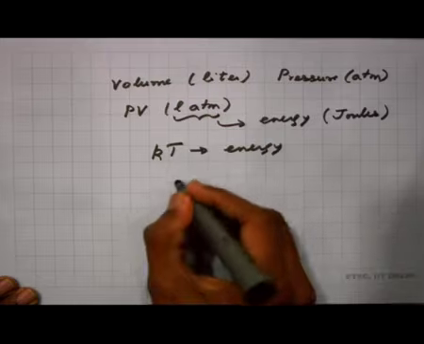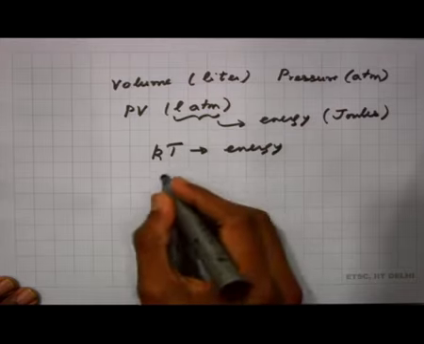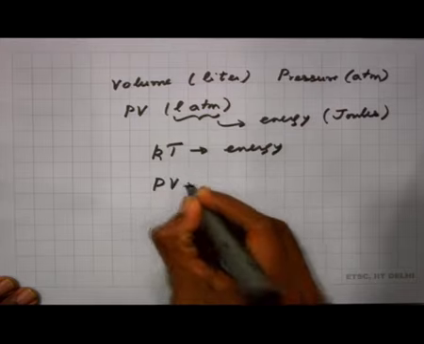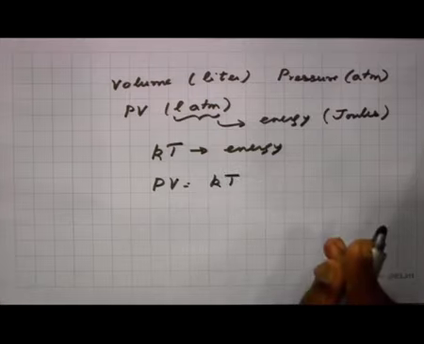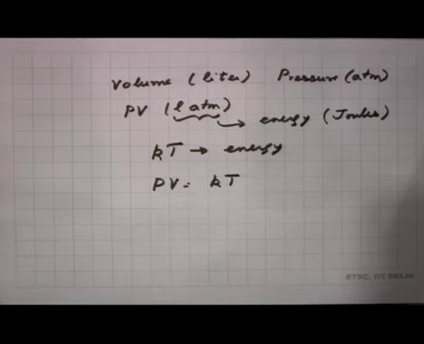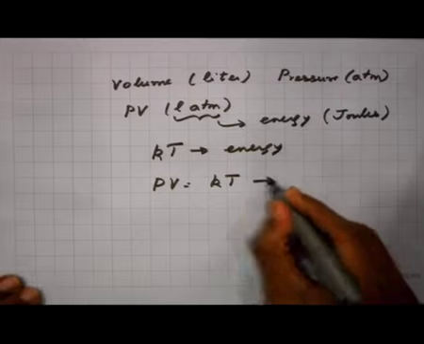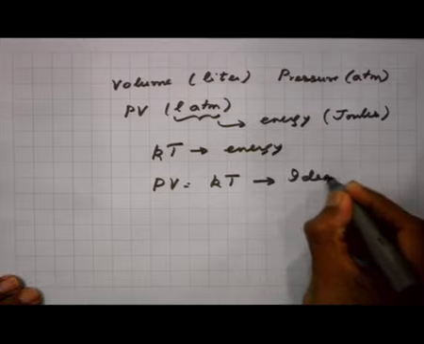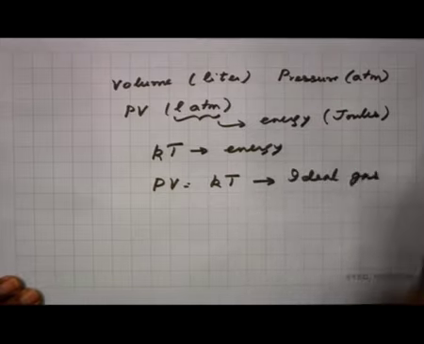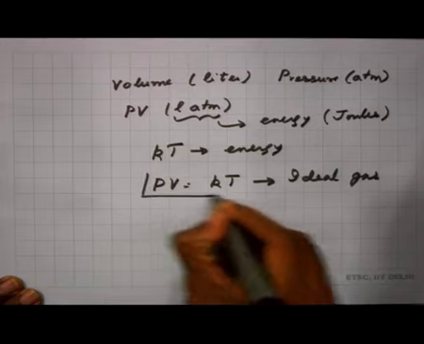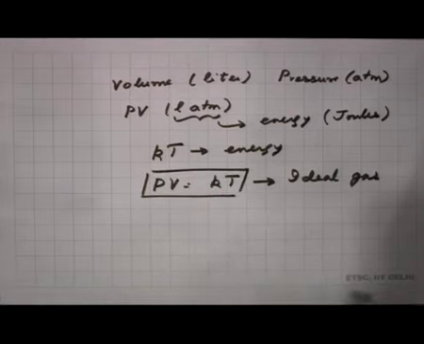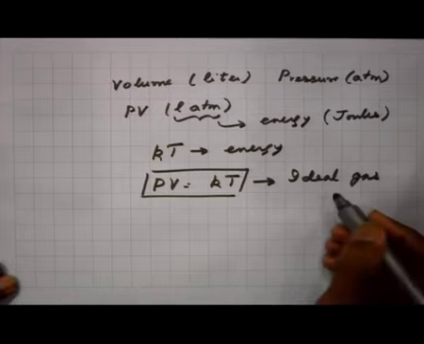Now, any gas which satisfies this relation PV equals kT is called an ideal gas.